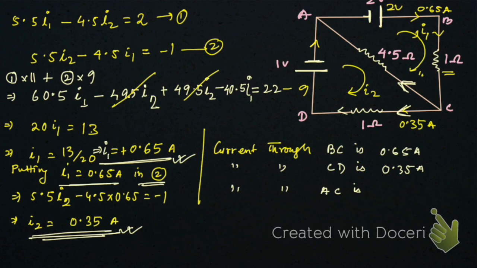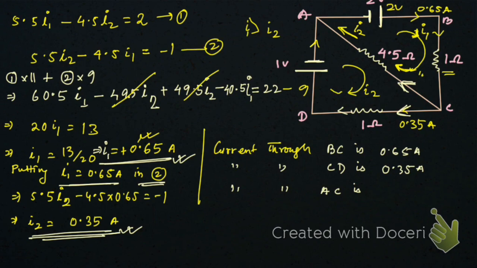Now you see, in this case I1 is greater than I2, right? Therefore the resultant current will be in the I1 direction. I1 is in this direction according to the direction that I have chosen. We have got a positive value, so the current in this circuit flows in the direction we have chosen.